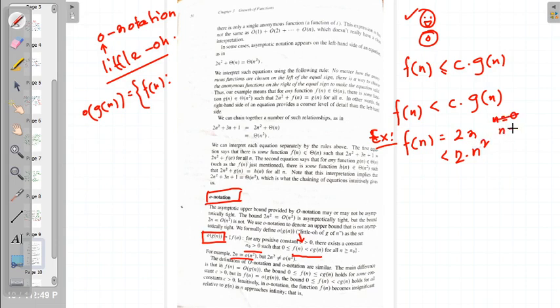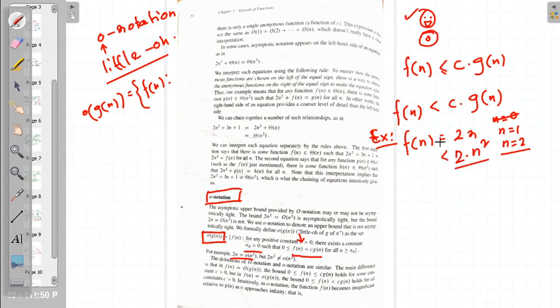Say we can start with n equals 1, here 2, and here 2. With n equals 2, here it is 4, and it might be 8. So with n0 greater than or equal to 2, we are getting this satisfied. So f(n) is strictly less than 2 times n square.